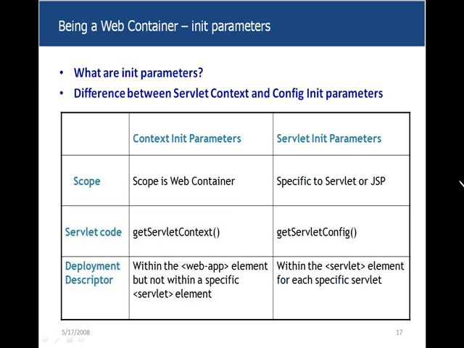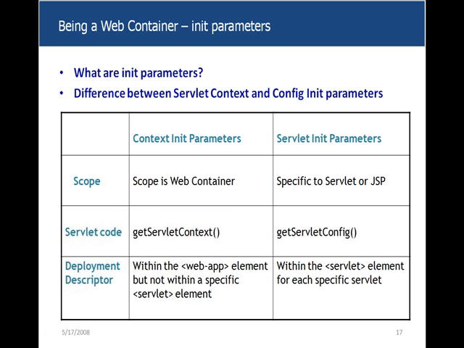We have two types of init parameters here: context init parameters and servlet init parameters. Let's discuss the difference between these two. Number one, the difference is the scope. The context is one per application, whereas a servlet config is one per servlet. So the scope for a context init parameter is the whole web container, whereas the scope for a servlet init parameter is specific to the servlet or JSP within which you write it.